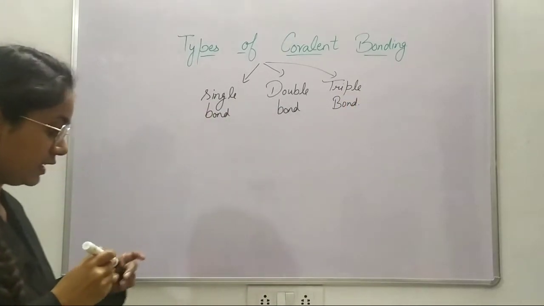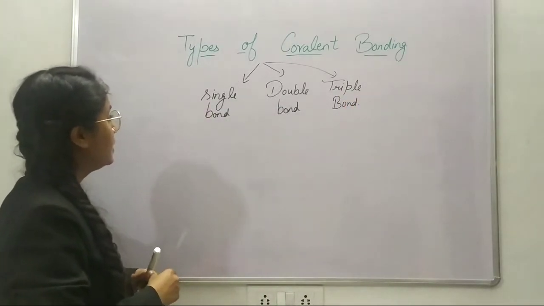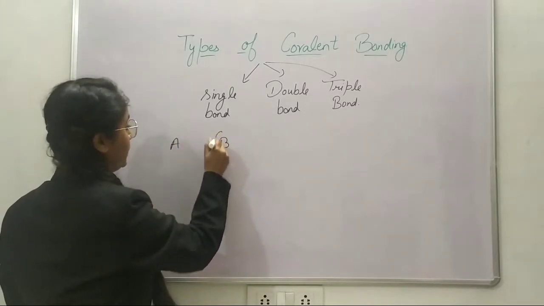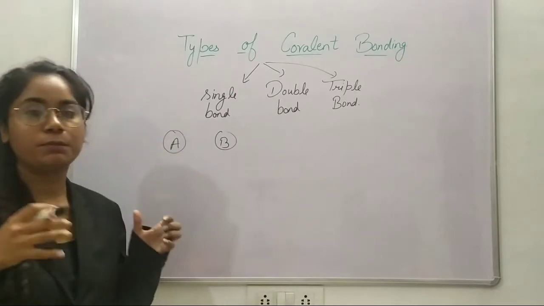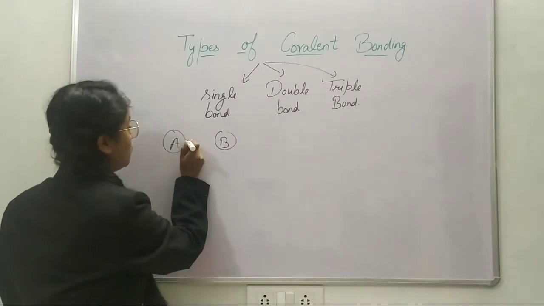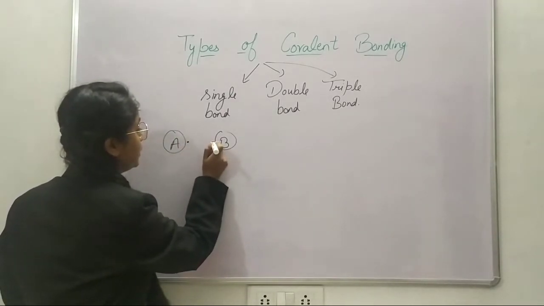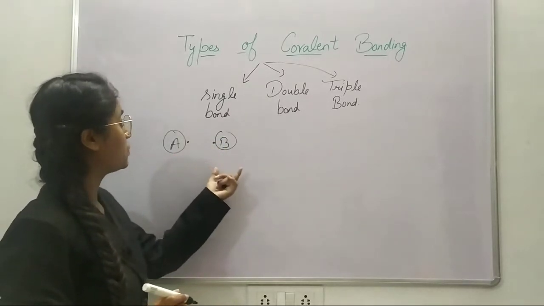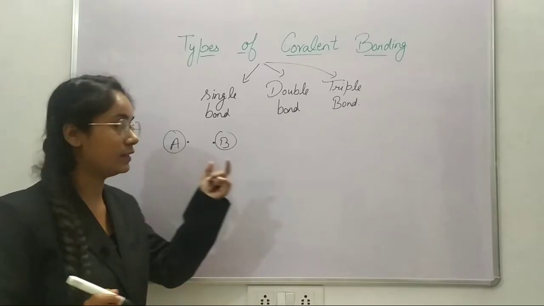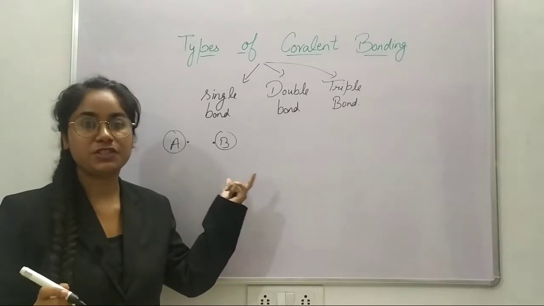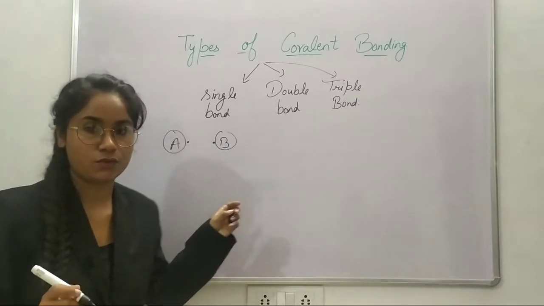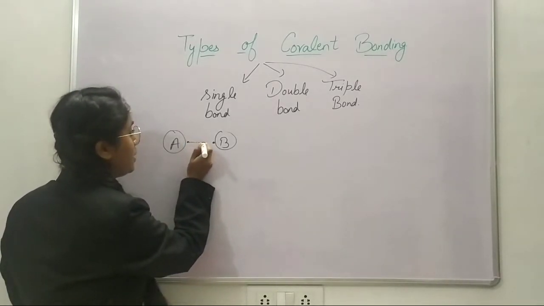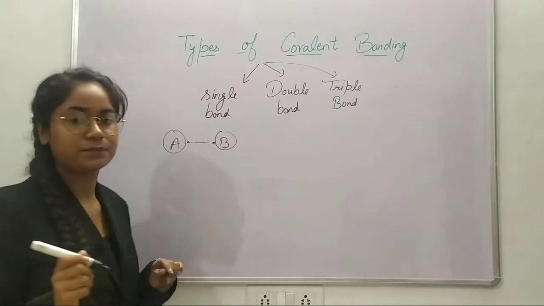Now, in case of single bond, two atoms A and B would mutually share one electron. That means one electron from A and one electron from B. These two would mutually share these electrons, and when these electrons are shared, a bond is formed between them.